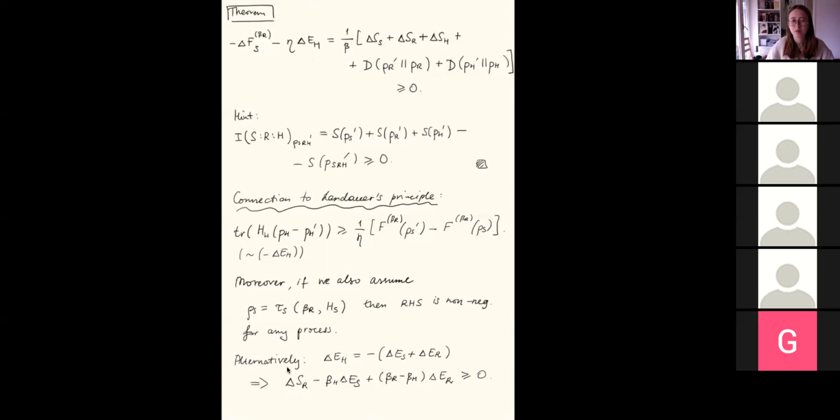Here we lower bound the change of entropy of the system R, connecting it with the changes of energy of the system S and the system R. So we exclude the involvement of the hot bath altogether, and rather think about the energy dissipating in the cold bath and also the energy increase for the target system itself.